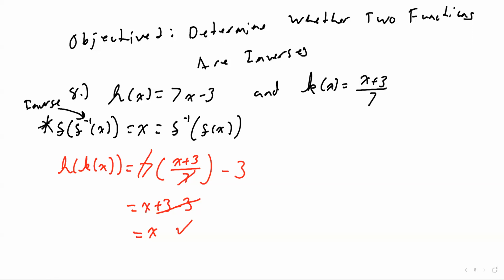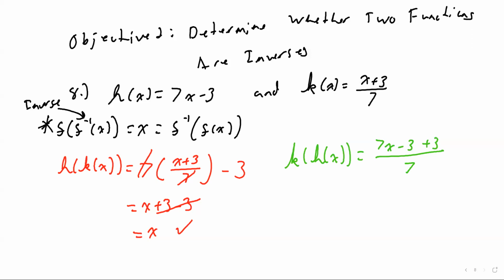Let's do this green. What is k of h of x? This time I'm going to take the h function and plug it into the k. So now this gives me 7x minus 3 plus 3, all divided by 7. Are we good on plugging things in?